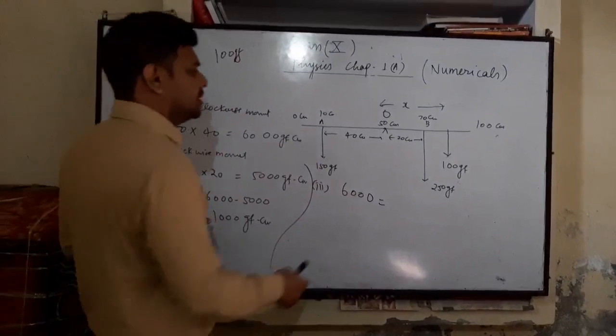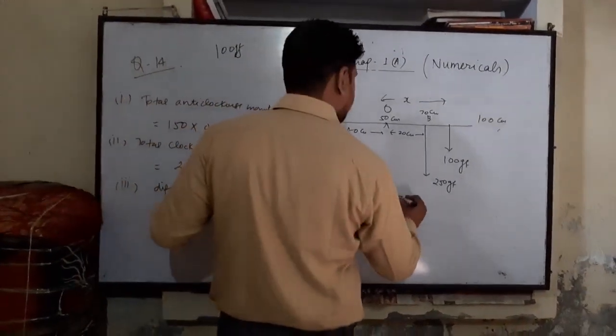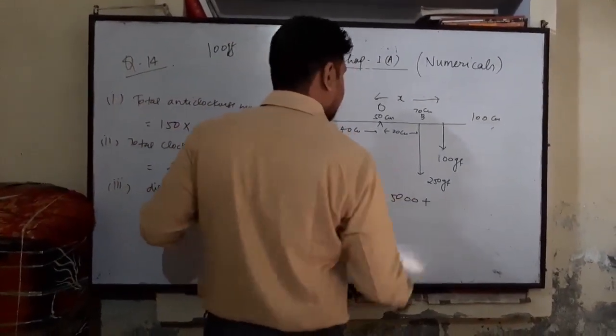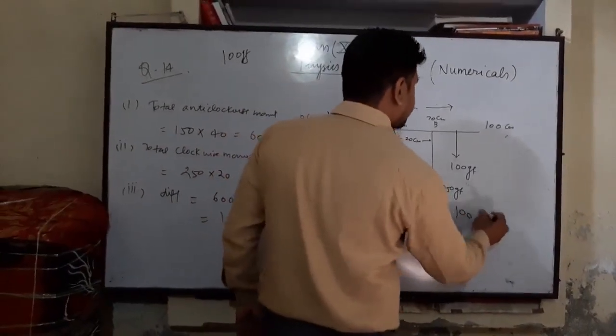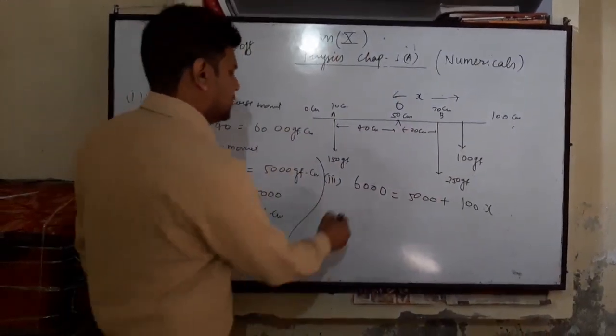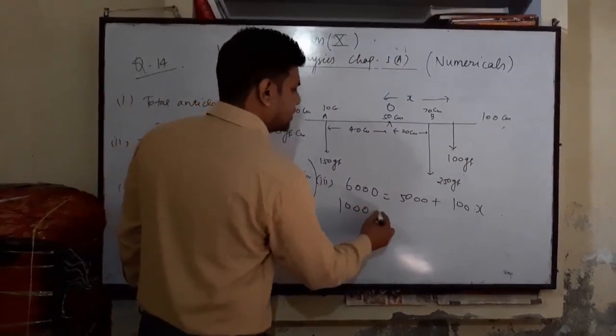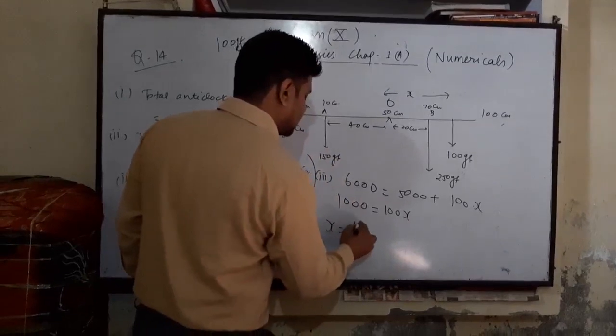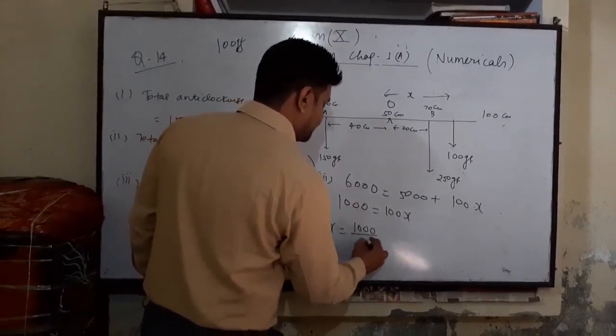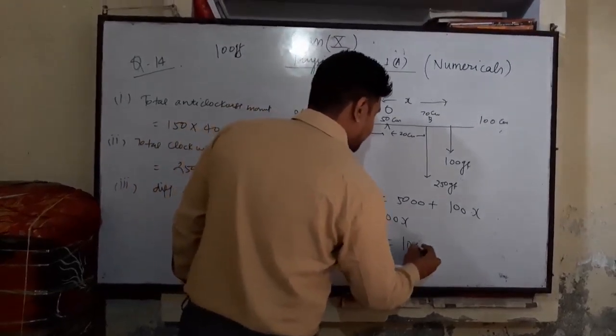Total clockwise moment for the 250 weight is 5000 plus 100 into x. This is, 1000 is equal to 100x. x is 1000 upon 100, 10 centimeter.